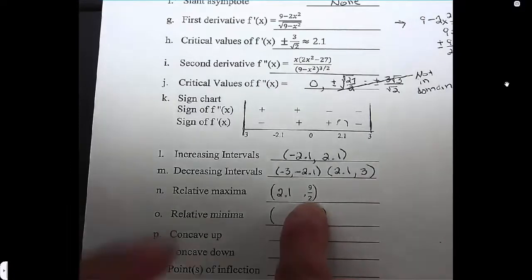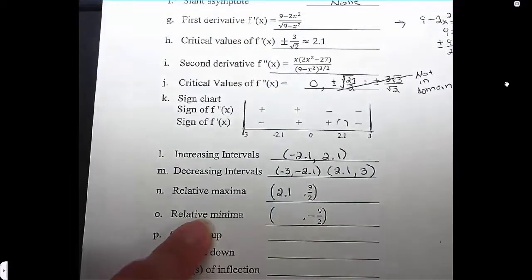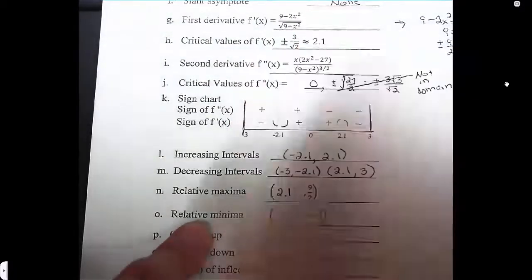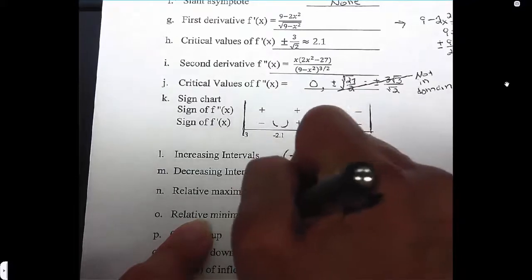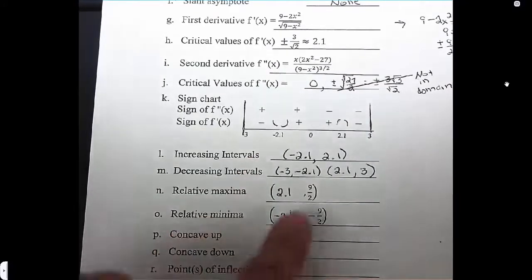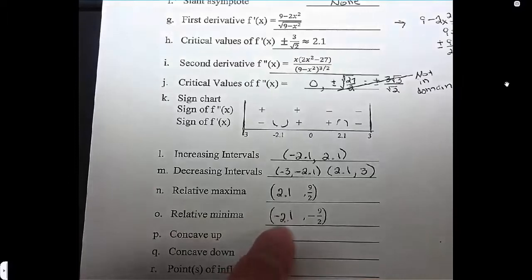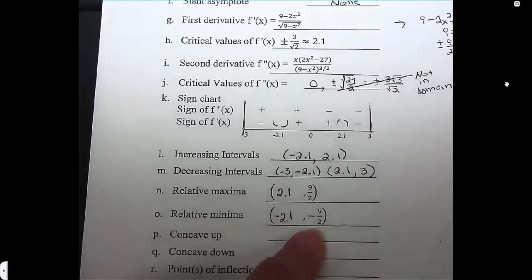How do you find a relative minima? By looking at the sign of the first derivative, where the function goes from decreasing to increasing. That's -2.1. And when I plug the exact value, not just the rounded 2.1, into the original function, that's why I have a rational number for my y's.